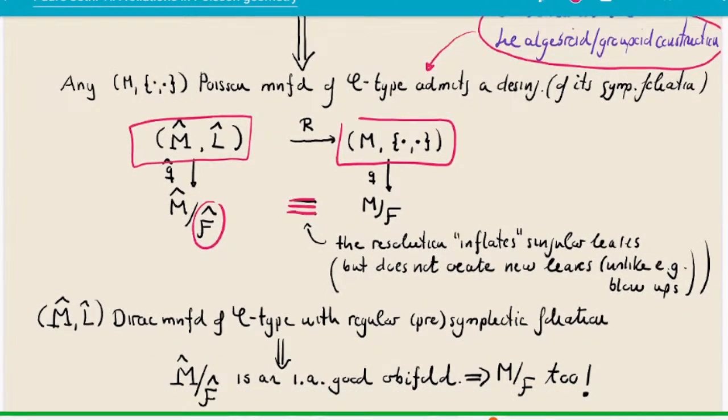And you end up with a manifold which is no longer Poisson, it's what we call a Dirac manifold, but it has still the right C-type. And that's telling you that this leaf space is an integrally affine good orbifold, which means that your original leaf space is an integrally affine orbifold.